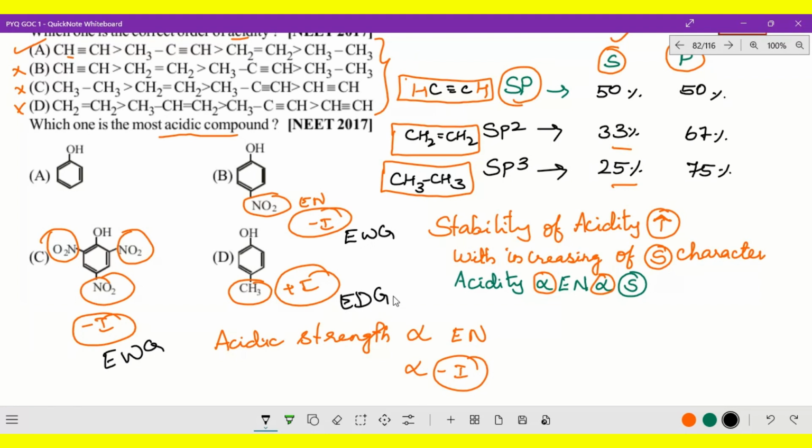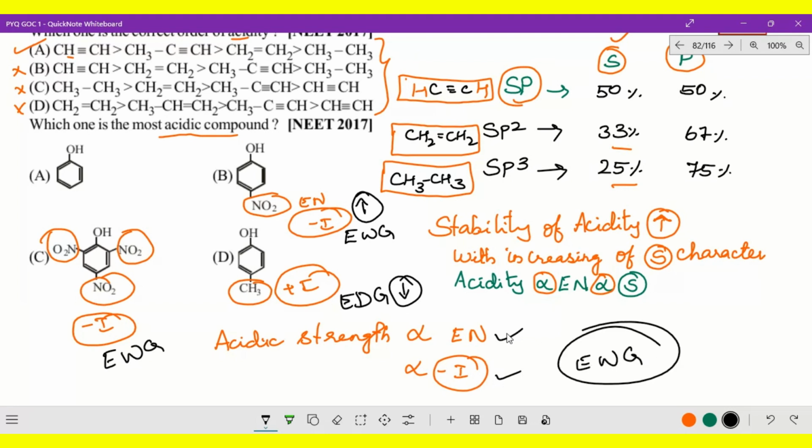So an electron donating group decreases the acidic strength, whereas an electron withdrawing group increases the acidic strength. So when we discuss acidic strength, first you have to identify electronegativity and minus I effect, mainly electron withdrawing groups. These are mandatory.